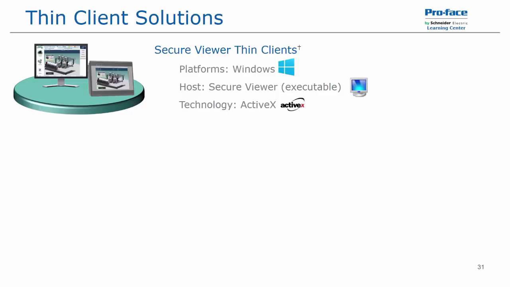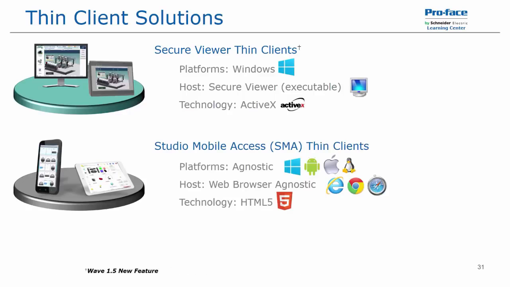And it is intended for use on local intranet or isolated networks. Then we have SMA, or Studio Mobile Access. This simply requires a web browser, and any current browser is supported, although we do recommend Internet Explorer, Chrome, or Safari. It utilizes HTML5, which is used in most modern mobile and smart devices as well.